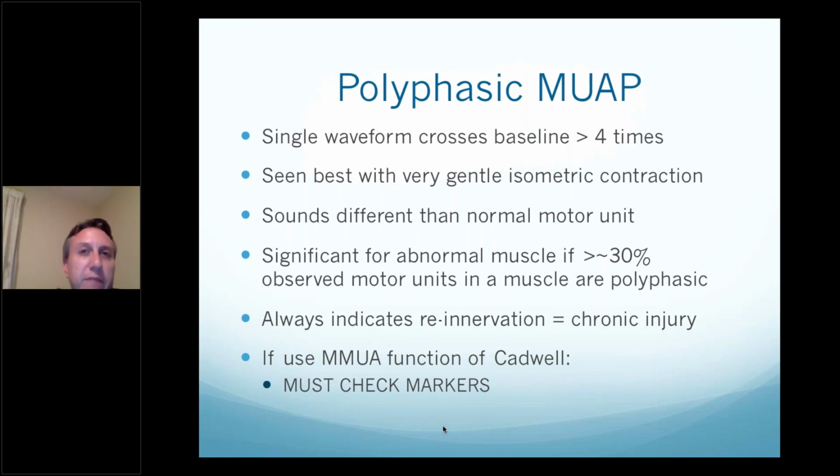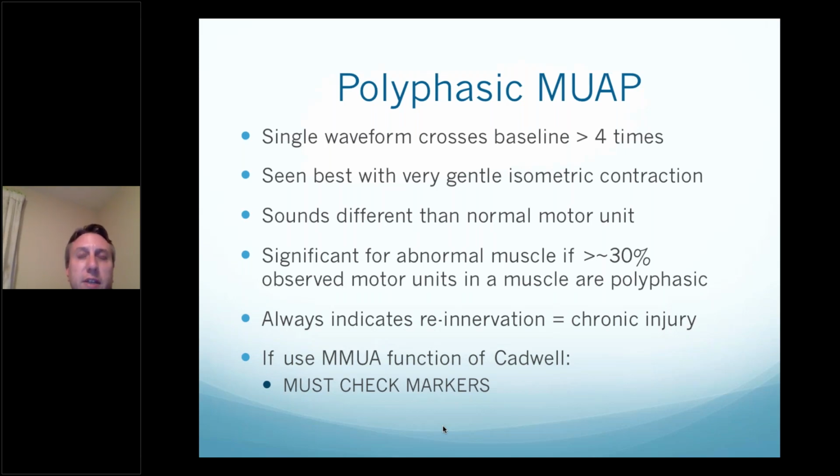Both models have that function, and it's a good function. But just like anything, you always got to be smarter than the device. You got to be able to take what the device gives you, but then use your clinical training and your clinical judgment to determine what's going on.